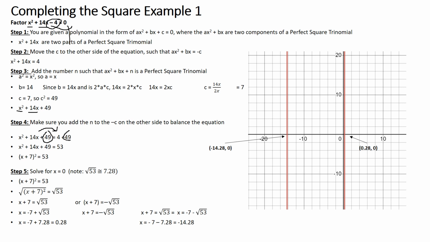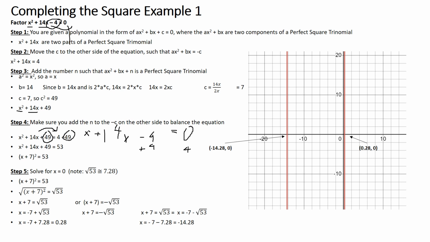This was originally x squared plus 14x minus 4. That's a terrible 4. I apologize for that. And all I'm going to do is add 4 to both sides, so 0 becomes 4.